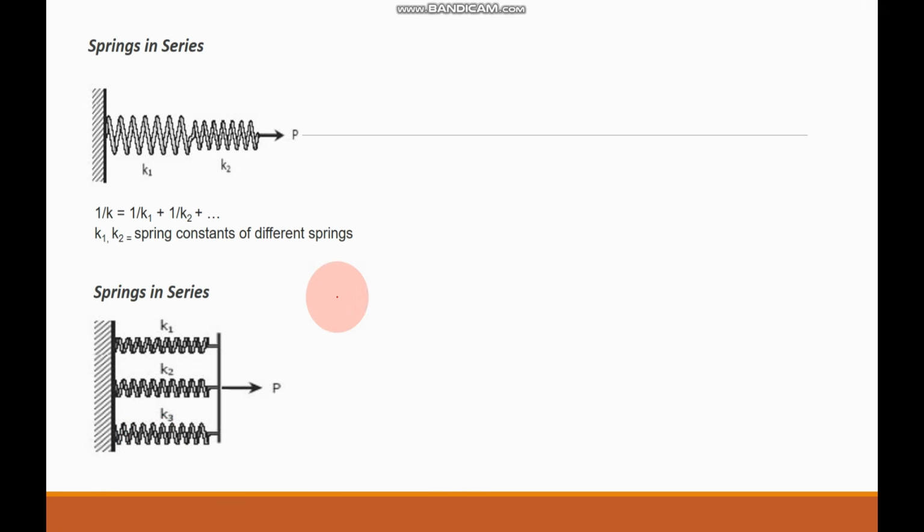So kindly take note that springs are made of special steels and bronze that has allowable shearing stress ranging from 200 to 800 megapascal or 30 to 120 kilopounds per inch squared. So to further understand about helical spring, let us have our first example.